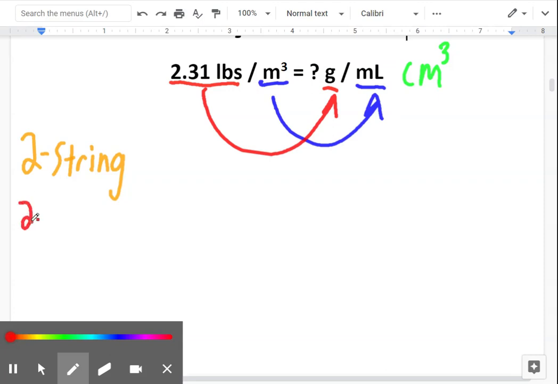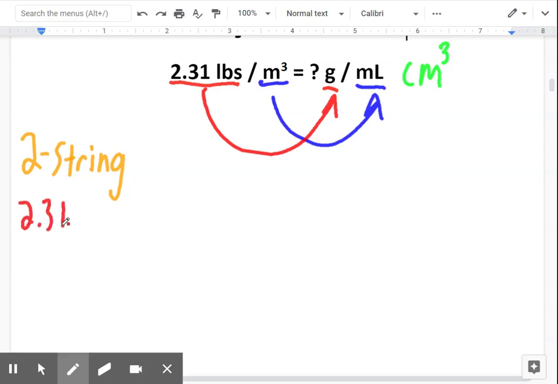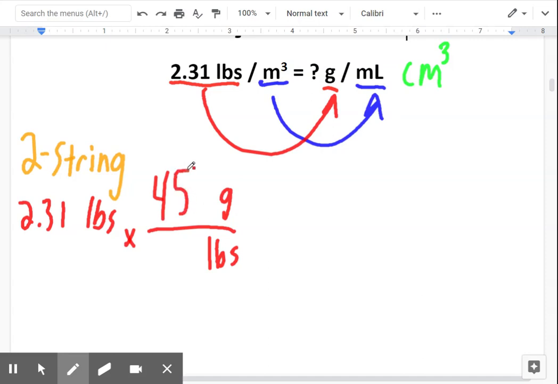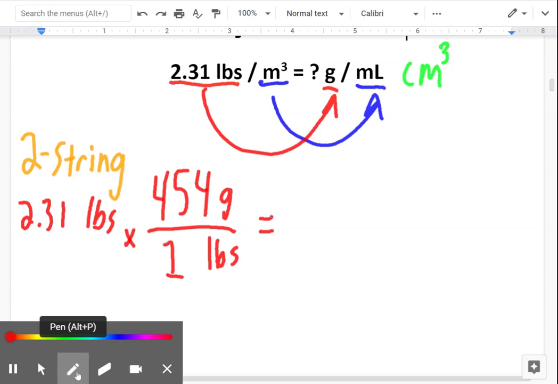So I'm going to take 2.31 pounds. I notice I give it some extra space. I times line, I bring pounds down. I change that to grams, which I can do because as the conversion paper says, 454 grams is equal to 1 pound. This is all I need for the top part, so that's good.